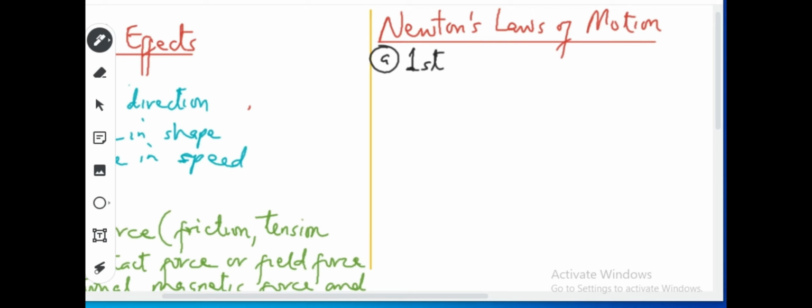I have an object placed stationary on the table. I have to apply a force to move it because it is going to resist the state it already is at the moment. So you need a force to change that state. So inertia is about resistance to motion or rest.